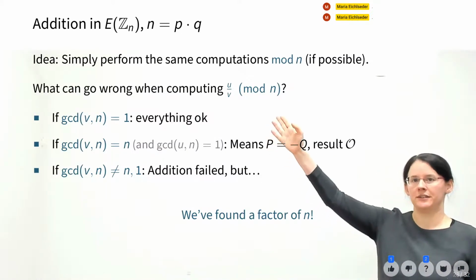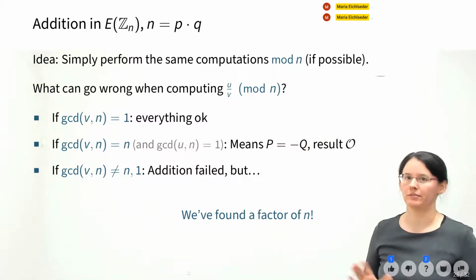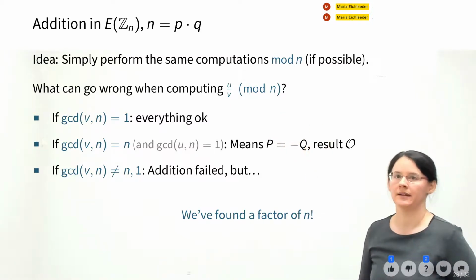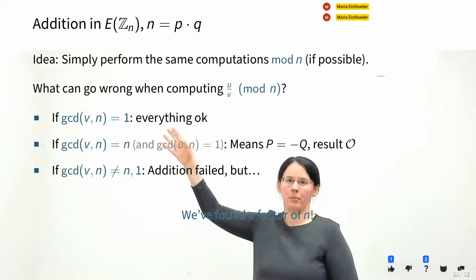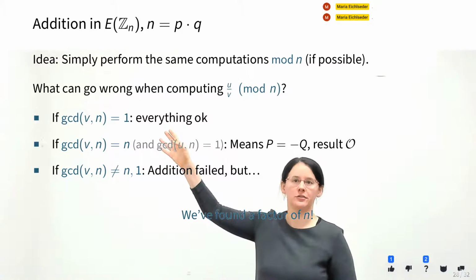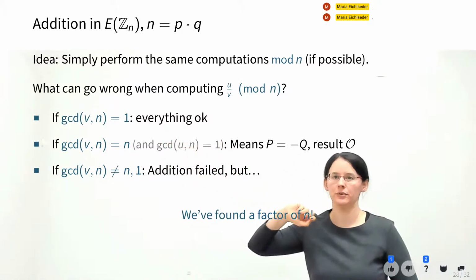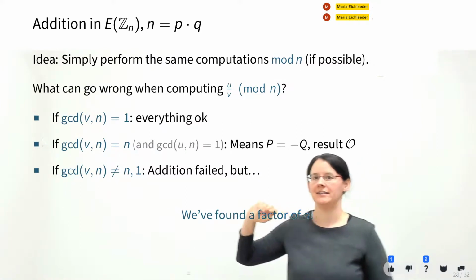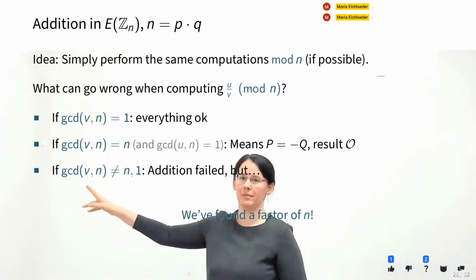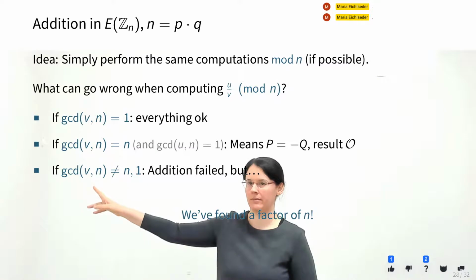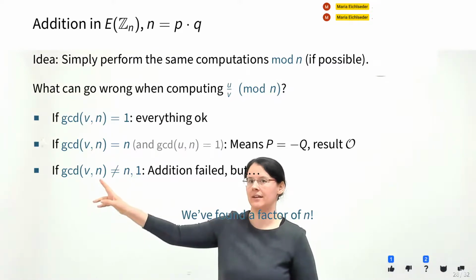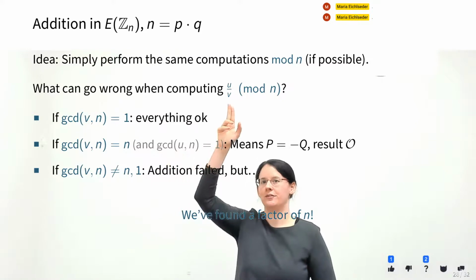So when I try to do this division modulo a non-prime number n, if they have a greatest common divisor of 1, everything's okay, I can happily keep computing. However, in case I try to invert an element that is not actually invertible, in other words, it has a common prime factor with n, then this inversion fails.